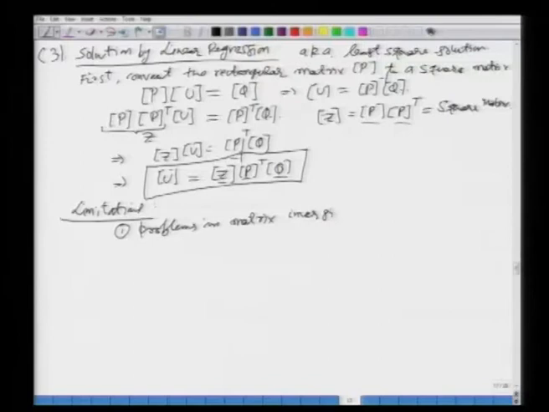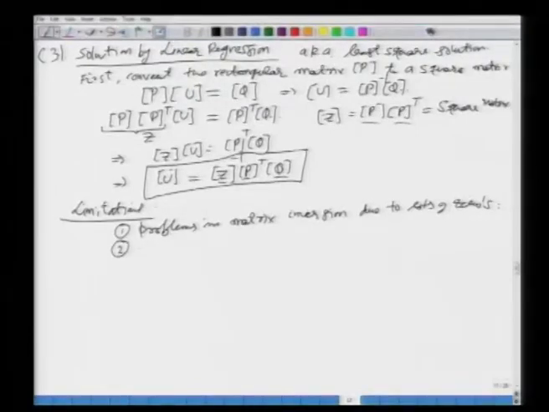Finding the Z matrix itself can be problematic. Why? Because there may be lots of zeros in it, and not all matrices are invertible. So, there may be some problems related to that.